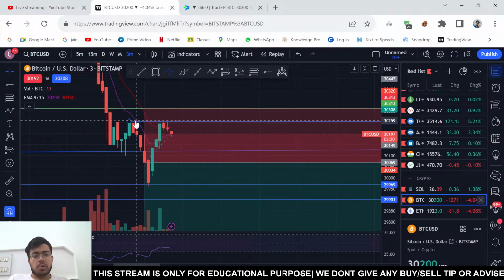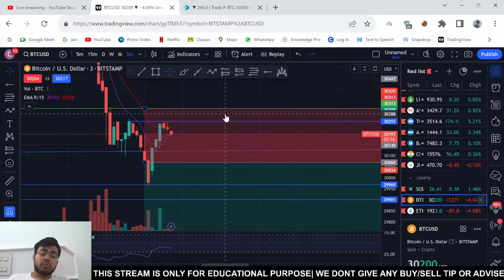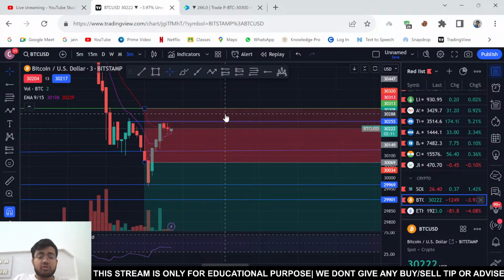Nice. It didn't break the high, so it's still in lower lows, but the buyers do have some buying pressure on the sellers. So it's not looking really nice.